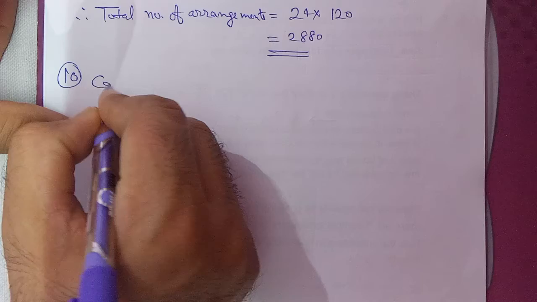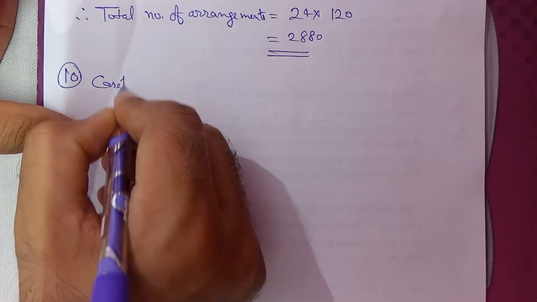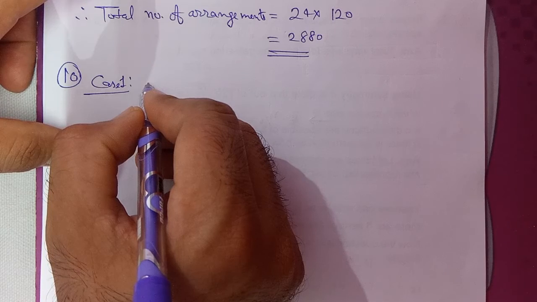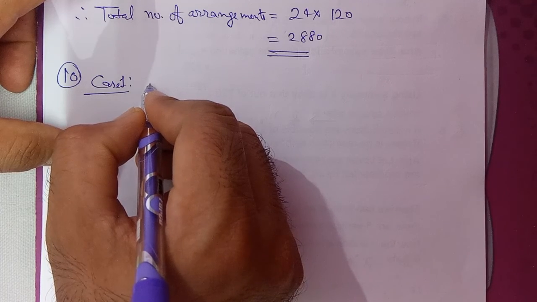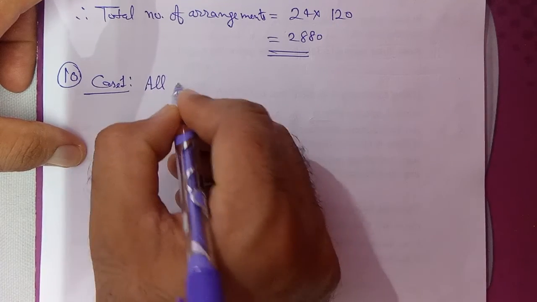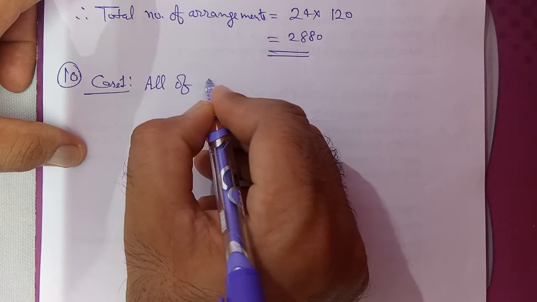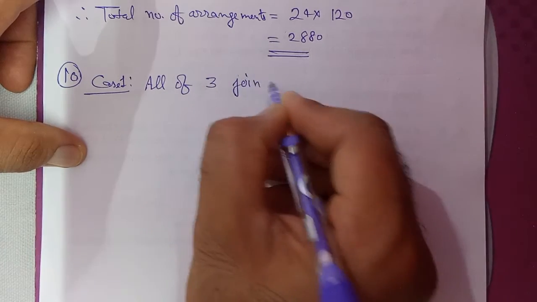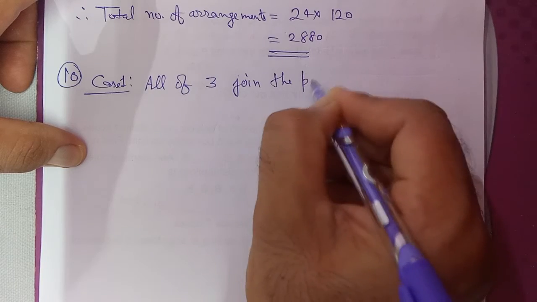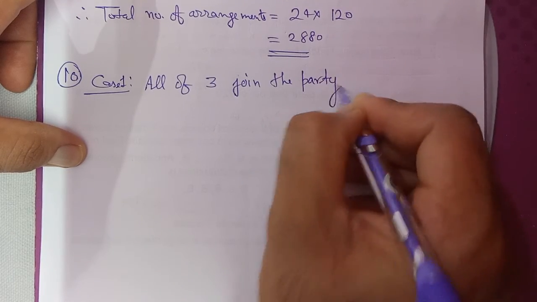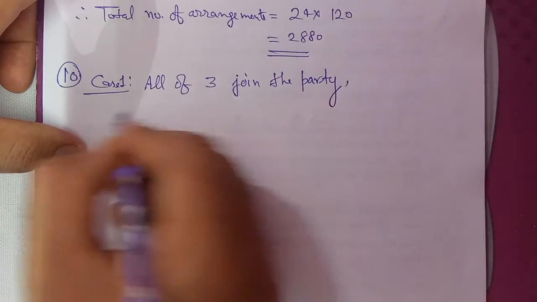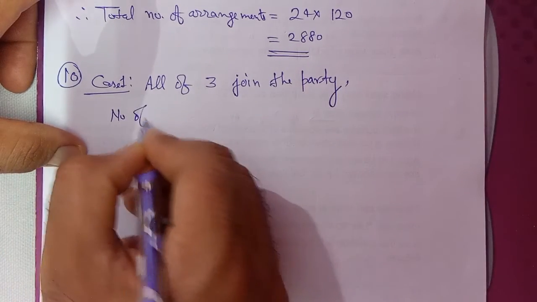Case 1: if all of the 3 join the party. If each one of these 3 students joins the party, then number of selections.